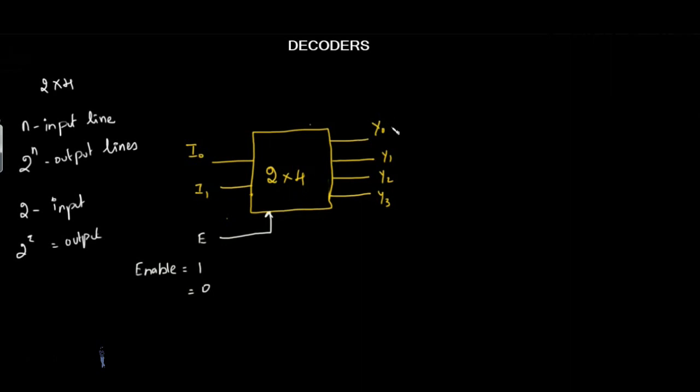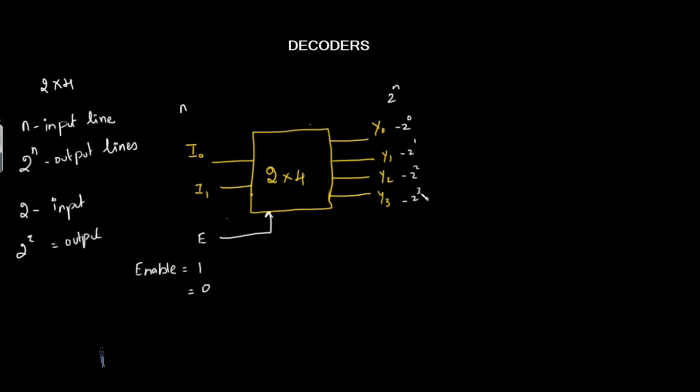As I told you already, there are n input lines and 2 to the power n output lines. So Y0 corresponds to line 2 power 0, this is 2 power 1, this is 2 power 2, and this is 2 power 3.